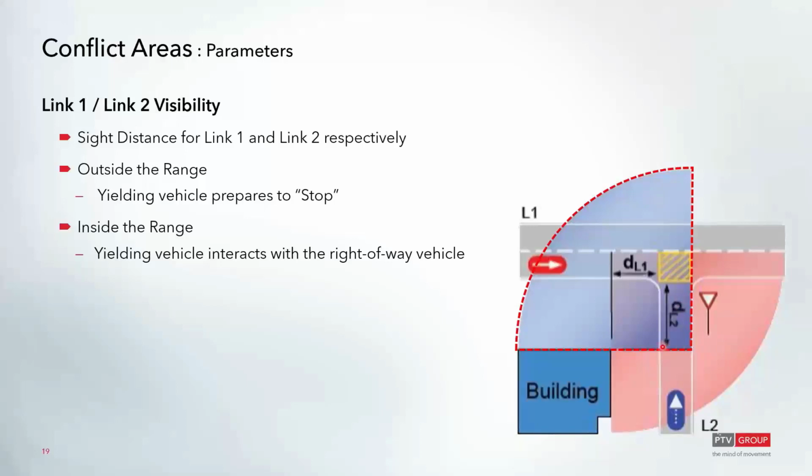And then once it's inside this range and has reached that distance, that's when the vehicle will be able to actually see the other vehicle on the other link and can then start to interact with that vehicle. So as the vehicle approaches, it's then going to determine if there's a sufficient gap to continue going through that conflict area, or if not, in that case, it's just going to yield and wait until that vehicle has passed and then continue on.